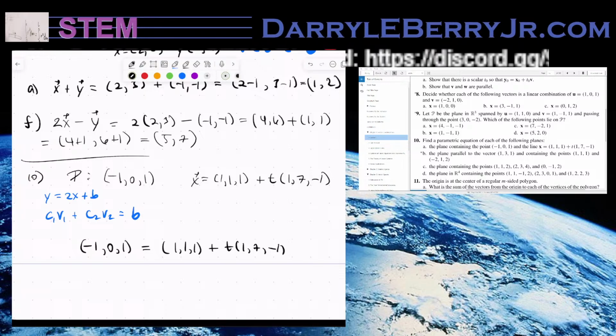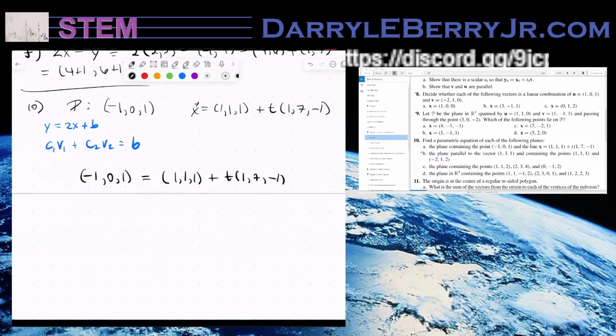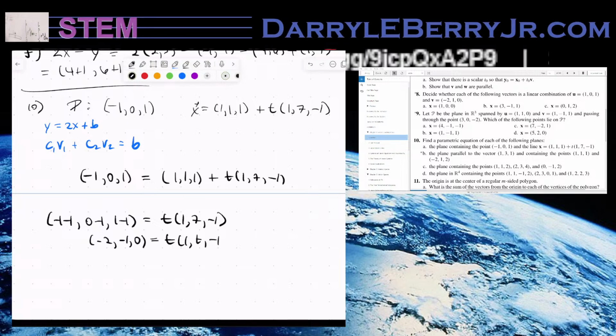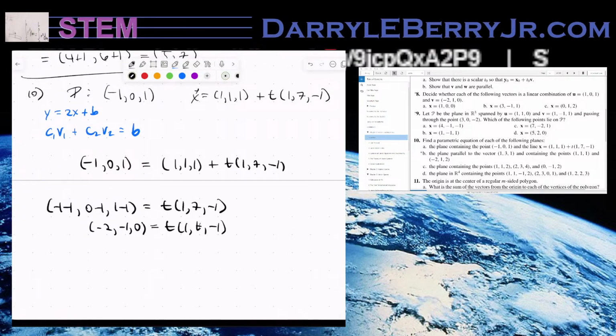Let's see how we can work this out. If I bring that to the other side, we have negative 2, negative 1, 0. Right?